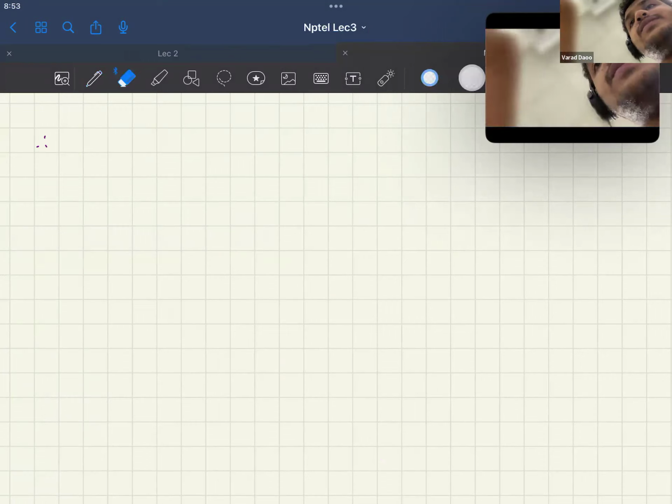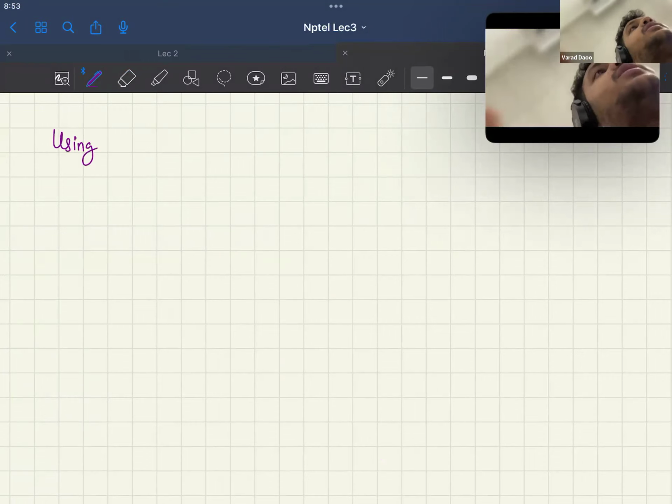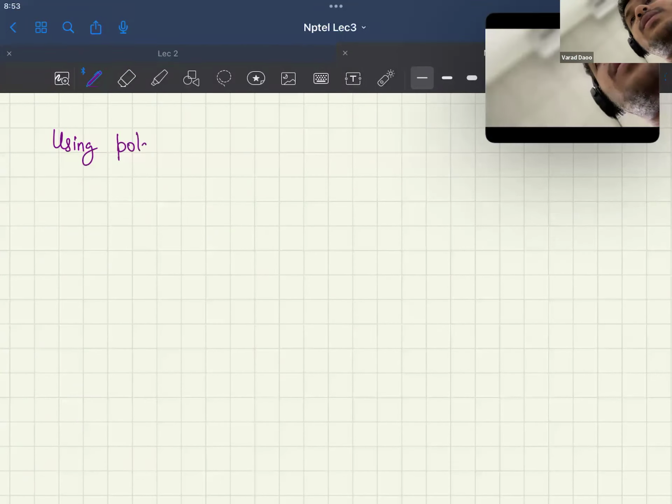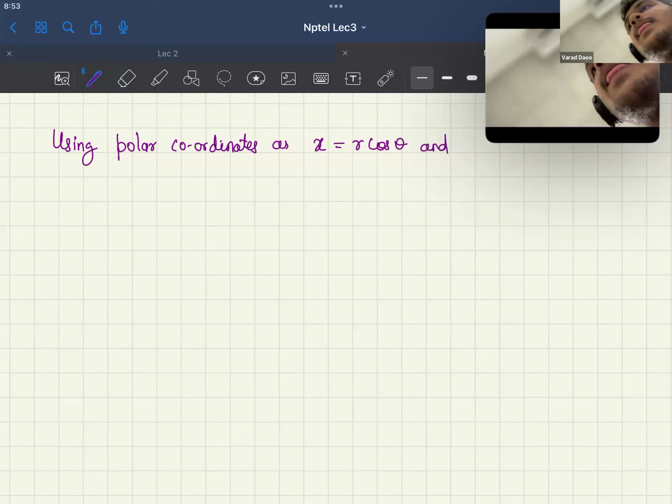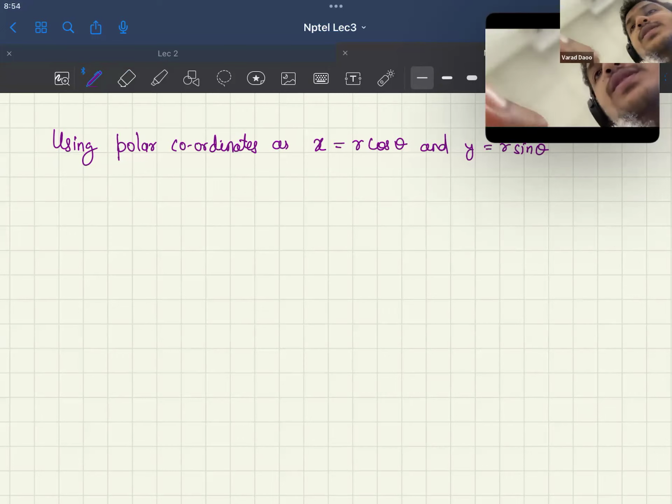Now using polar coordinates, x equals r cos theta and y is equal to r sin theta, okay?